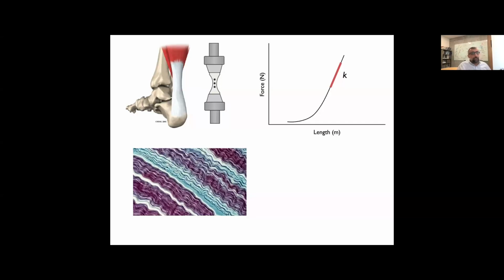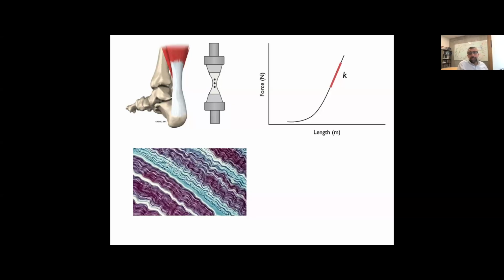This nonlinearity in the toe region really results from the fact that the collagen fibers in tendon are sitting in a crimped position at a low length. You can see here this crimping looks like a bad hairdo from the 80s, and it results in some compliance in the very low strain regime of tendons, where that initial pull is actually straightening out those crimps rather than directly pulling on the material itself.